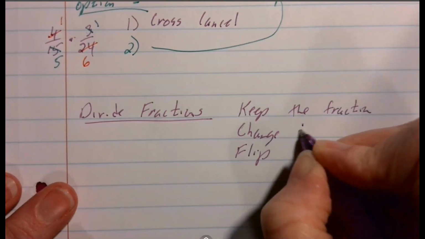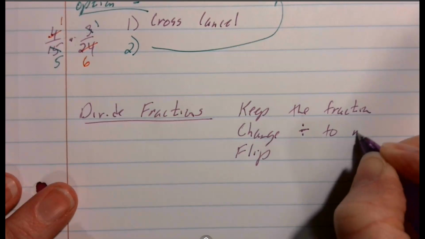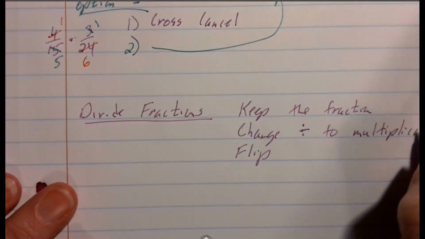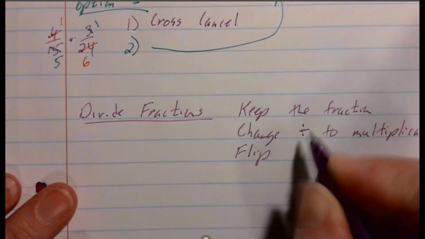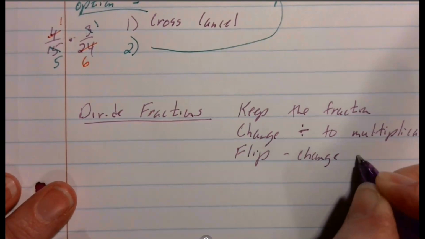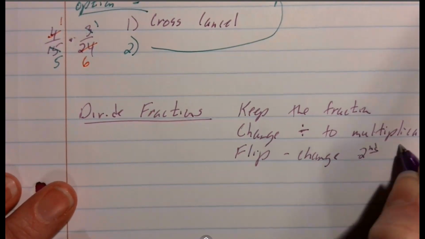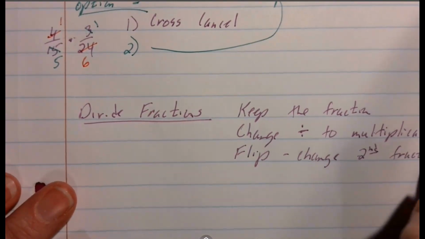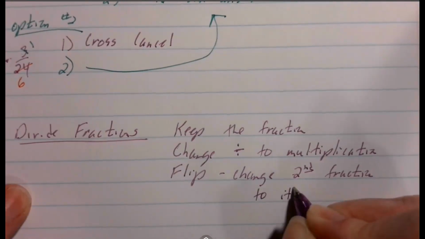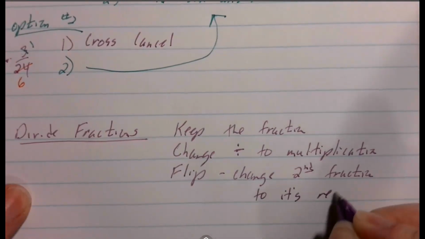Change division to multiplication, and then flip, meaning change the second fraction to its reciprocal.